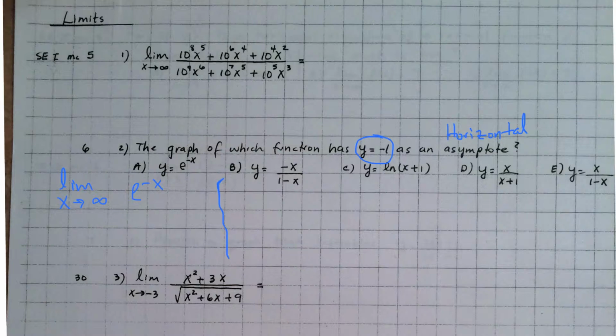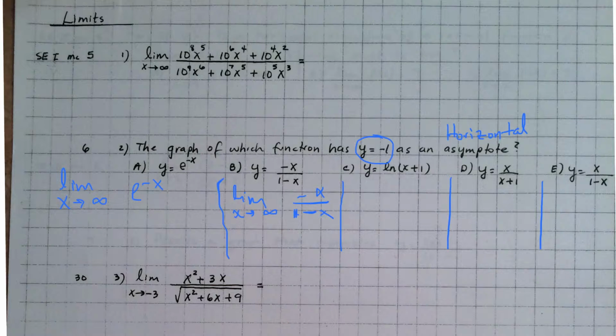And if you get -1 for one of them, then that's how you know you found the right answer. So I'll take the limit as x approaches infinity of -x over 1 minus x, and I'll do it for each one of them until I find one that has -1 as the limit. And that's all I want to say about that question.